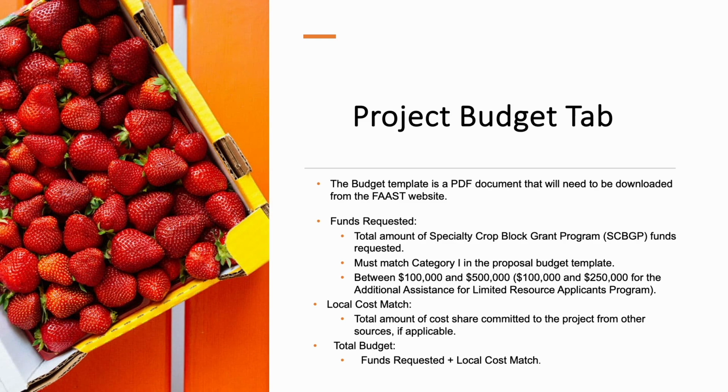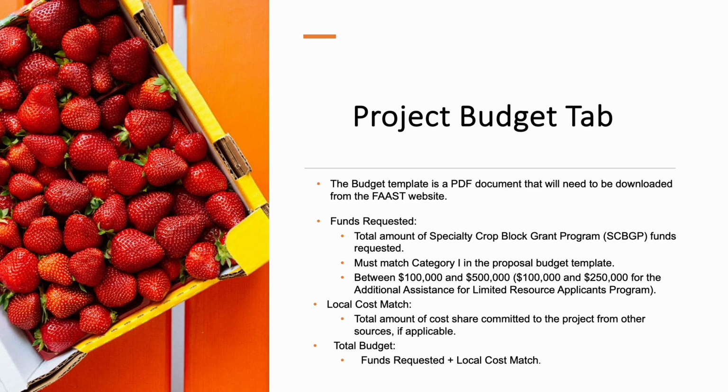For local cost match, estimate the amount of cost sharing committed to your project. Cost shares include matching funds and in-kind contributions. To clarify the difference, matching funds refers to a dollar amount committed to your program from a source other than SCBGP. An in-kind contribution is an estimated dollar amount of any time, property, or supplies donated to your project.